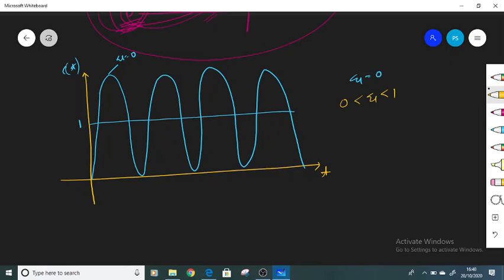The system will behave as underdamped as we had seen, and the output that you will get will look like, let me change the pen. Okay, जो आपको आउटपुट आएगा अंडरडैम्प के केस में वो ऐसा आएगा। Okay, and finally it will settle down at 0. Also the frequency of oscillation for this will be omega d.